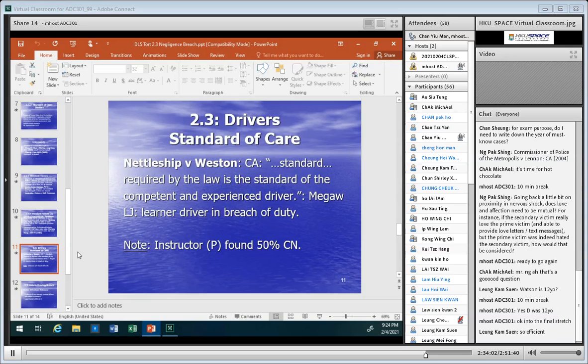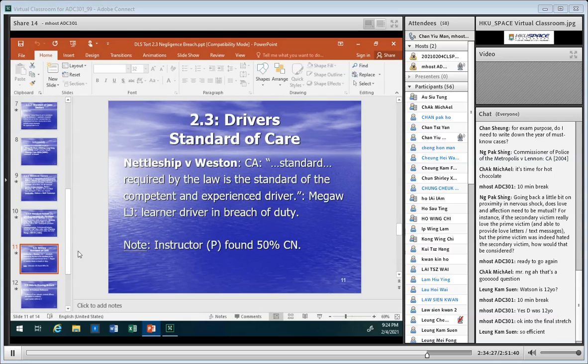And we'll come across this later, but the interesting thing about this case was that the plaintiff in the case was the car instructor. You might say, well, hang on, he's not a very good instructor if the learner driver crashes. And indeed, the court found that the instructor was partially at fault and reduced the damages because of contributory negligence by 50%. So that's an interesting case.